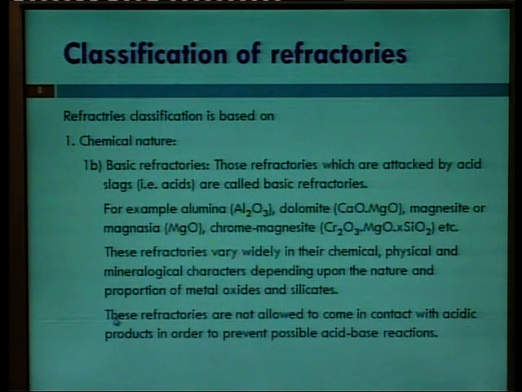That is why we will not use basic refractories where the products are acidic in nature. That has to be pre-planned whenever we make a lining in big furnaces. That is one of the important criteria. If we know the properties of these refractories, it will be handy for us to develop good furnaces.